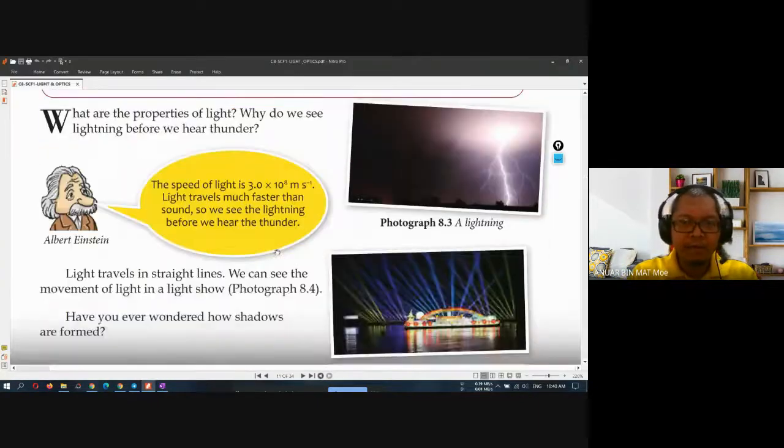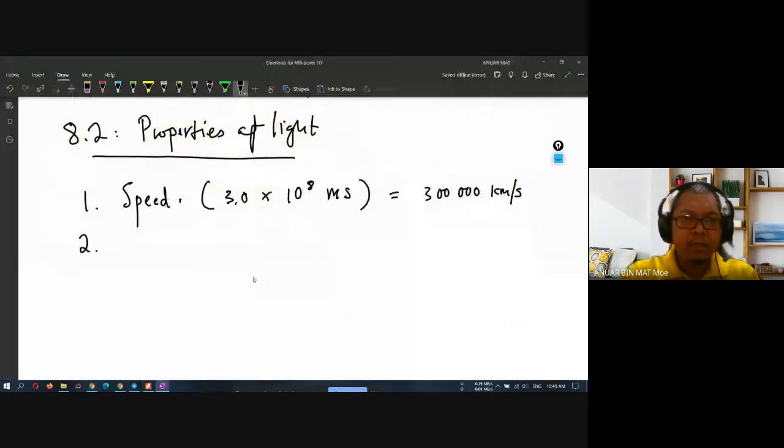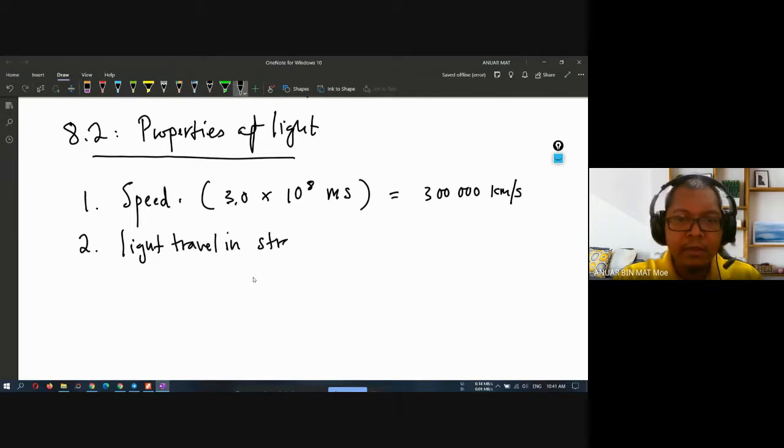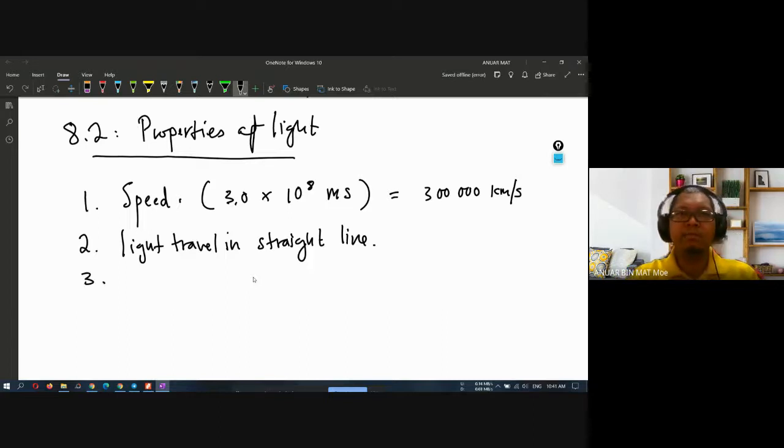The second one, you must remember the light travels in a straight line. The light travels in a straight line. That is the second property of light. Okay, class?